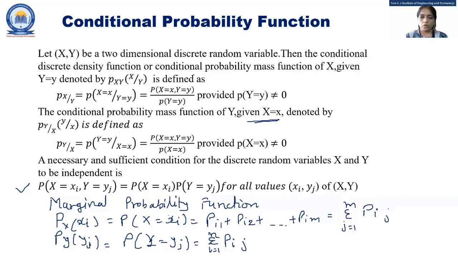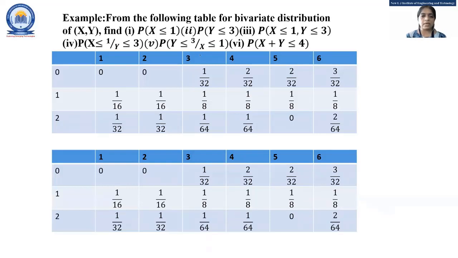Students, let's move to an example for better understanding. From the following table for the bivariate distribution of x and y, find the probability of x less than or equal to 1, the probability of y less than or equal to 3, and the probability of x less than or equal to 1 and y less than or equal to 3.